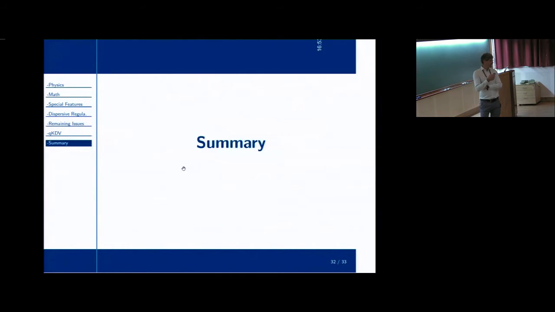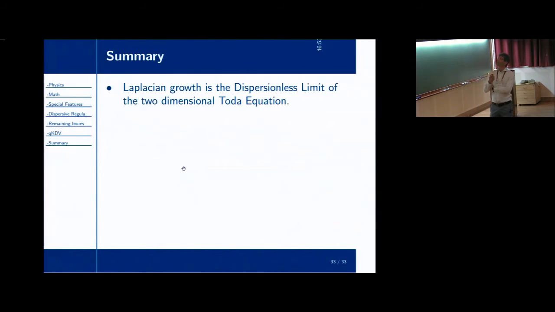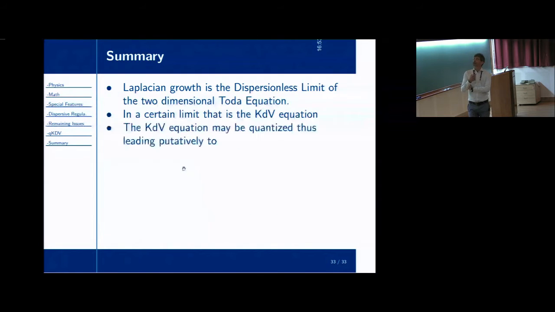So let me summarize. We've seen that Laplacian growth is a certain semi-classical limit, also called the dispersion limit or Whitham limit, of the two-dimensional Toda lattice equations. In this limit the two-dimensional Toda lattice equations become the dispersionless KdV equations. The KdV equation, in order to get a statistical mechanics theory, may be quantized.